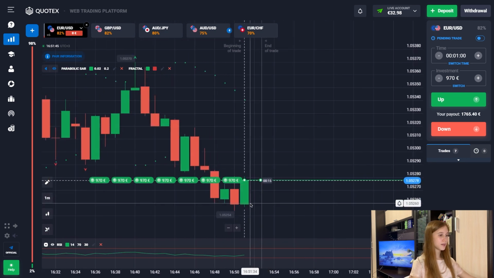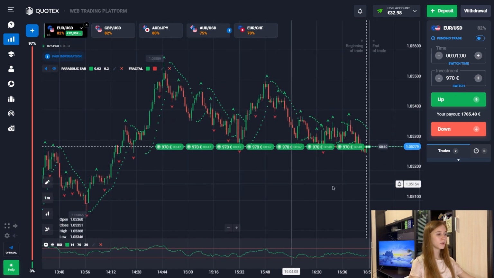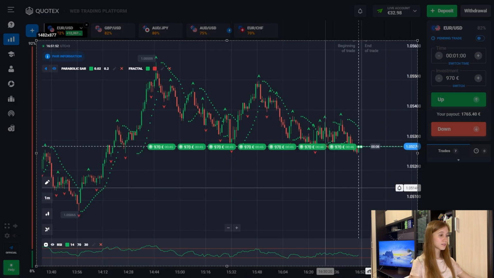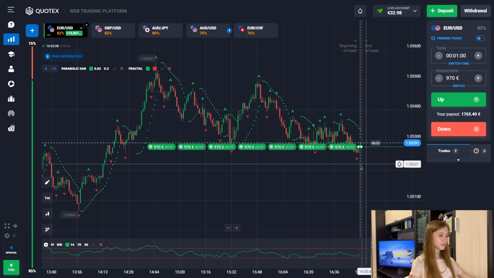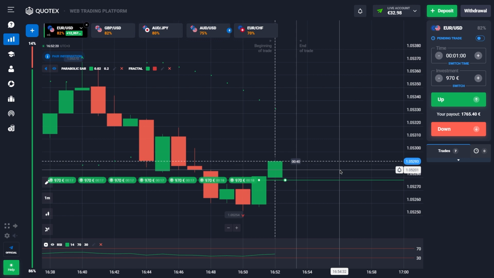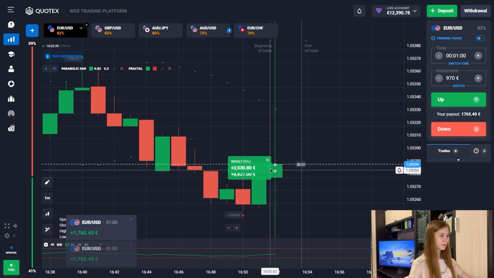We opened them as unprofitably as possible for us, but I'm sure that now we will have growth, because there is a very strong support area, and we see that the price does not fall lower. Finally, the price movement has begun. So perfect. We took the plus deal.